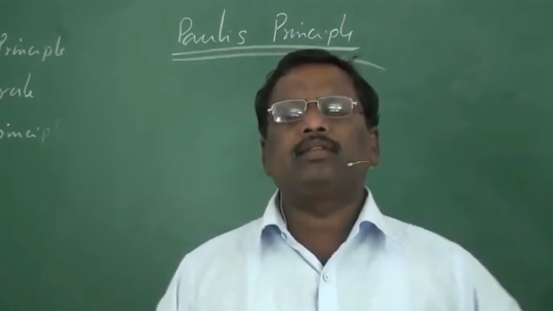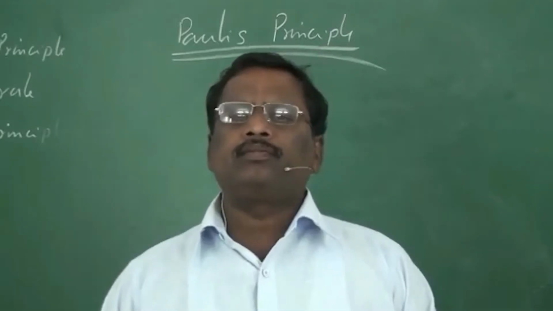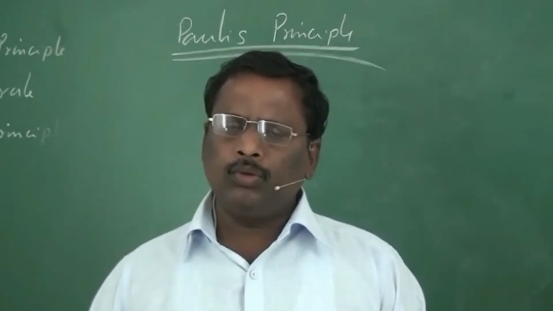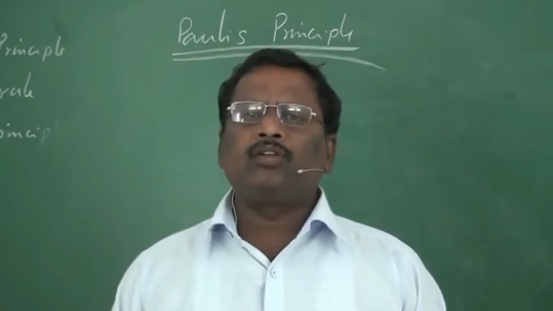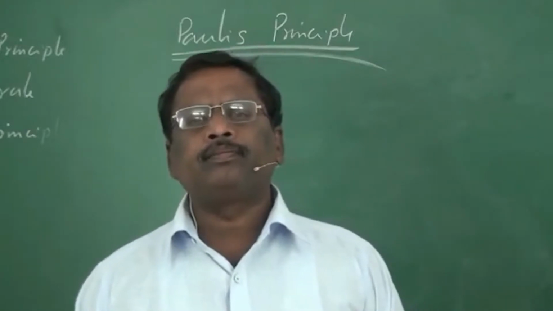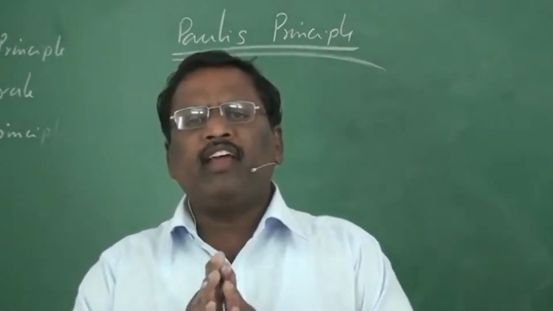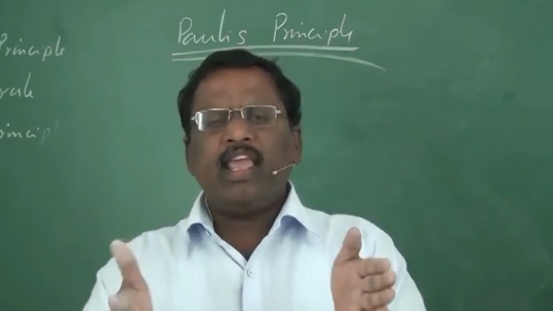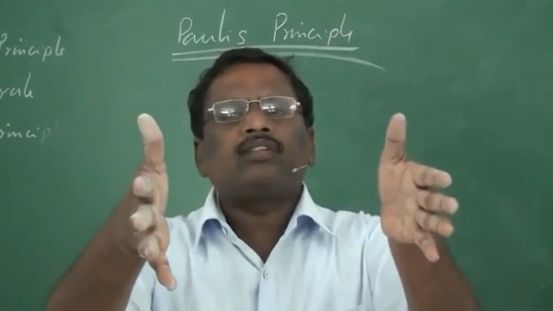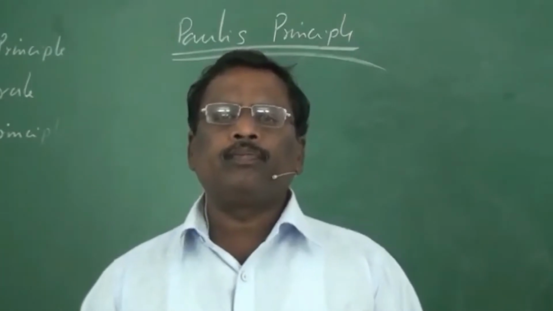For example, if you take a uranium atom, in uranium atom you have 92 electrons. If you go on writing all 4 quantum numbers for 92 electrons, you will get 92 different combinations. You never get the same set of 4 quantum numbers for 2 electrons out of these 92.